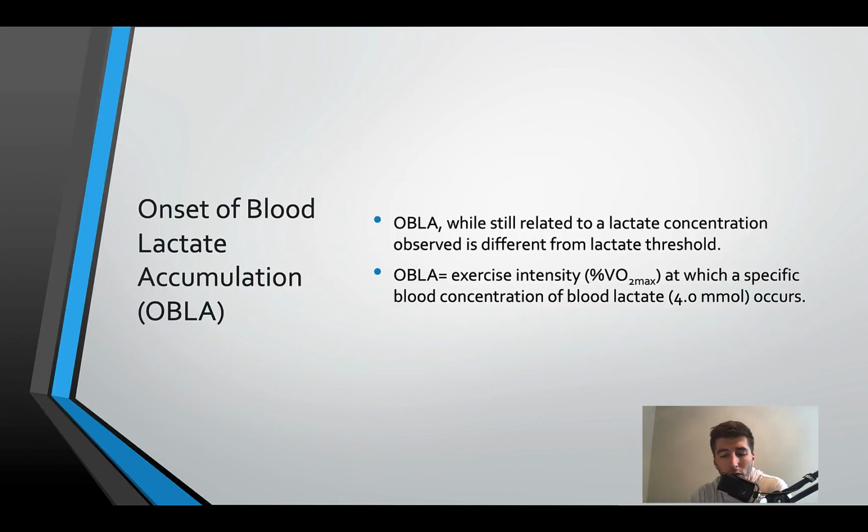There's also this concept of the onset of blood lactate accumulation. OBLA is a very specific point of lactate concentration, and most times you're going to see it as 4 millimolar.